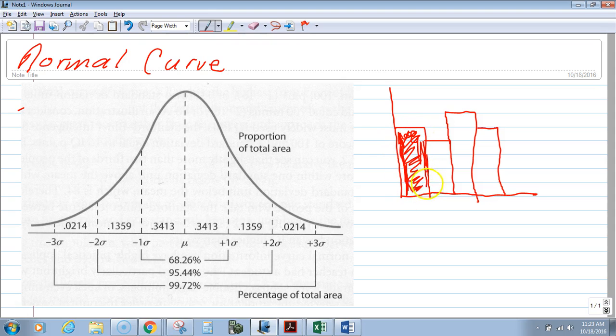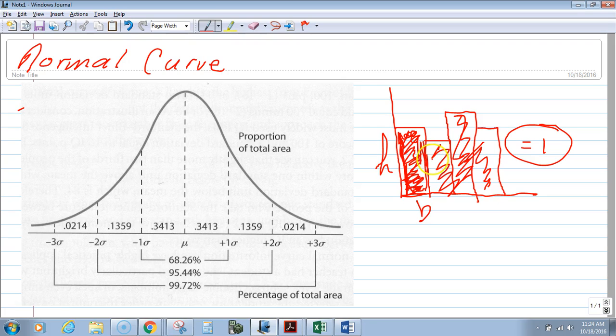And you can find the area of each rectangle really easily by taking the height times the base, right? So in this histogram, if we added all of these up for a piece of data, we would get the area is equal to 1. And that's pretty easy to do with the histogram.